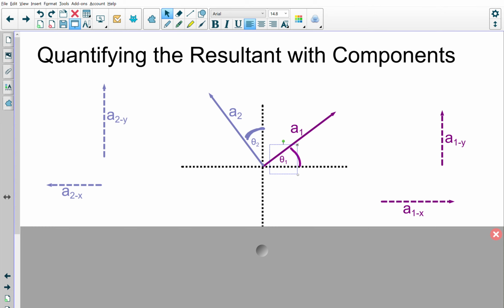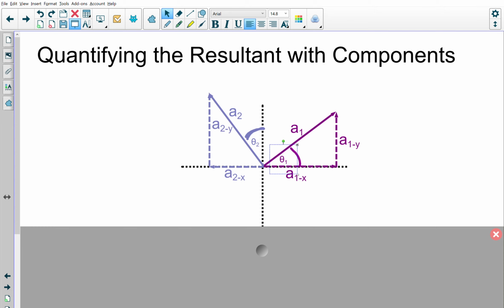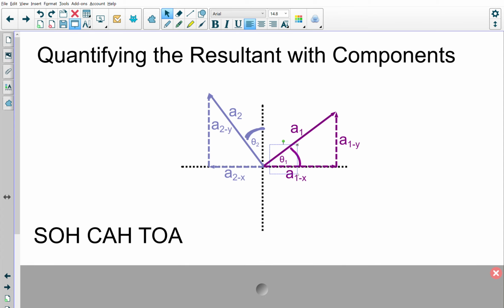So here, notice, A1 has an X and a Y component, looks like that. A2, an X and a Y component, looks like that. All right, now you may say, I've done this before, but what are we actually talking about here?